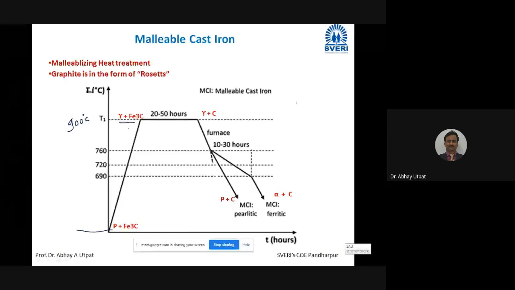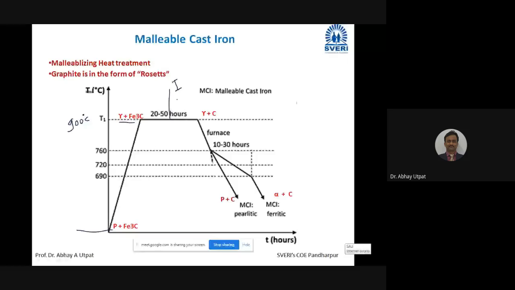This structure is held for almost 50 hours. Because of holding, that is the first stage of graphitization. I will write Roman I.